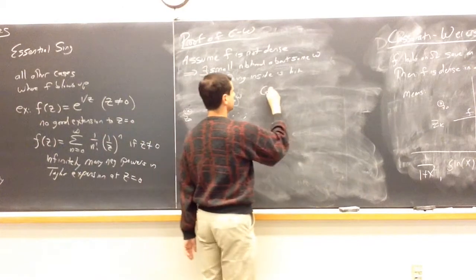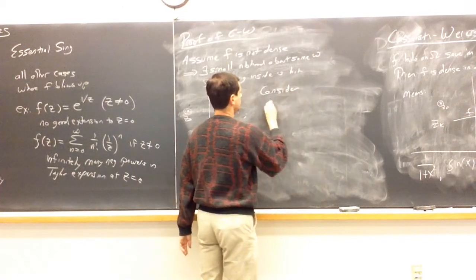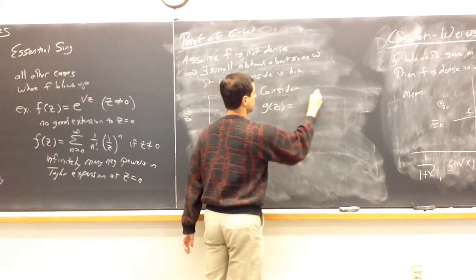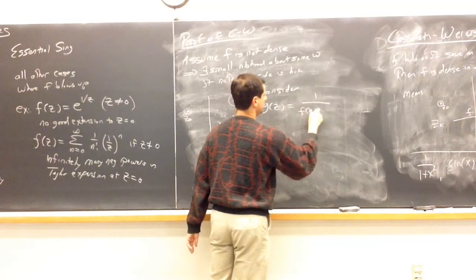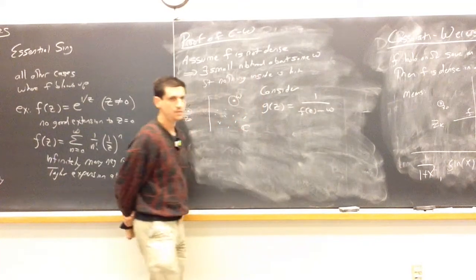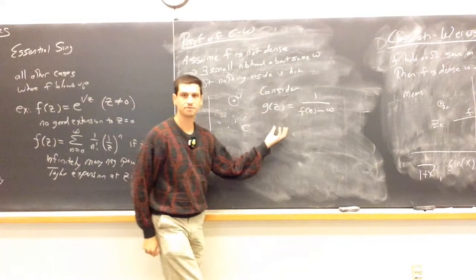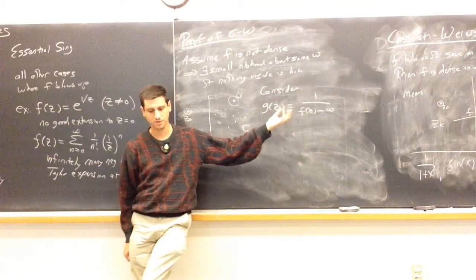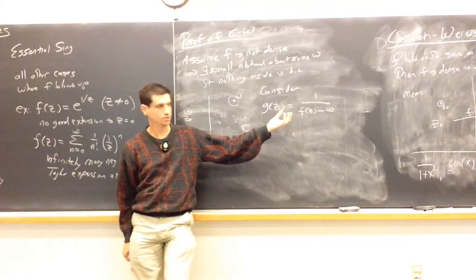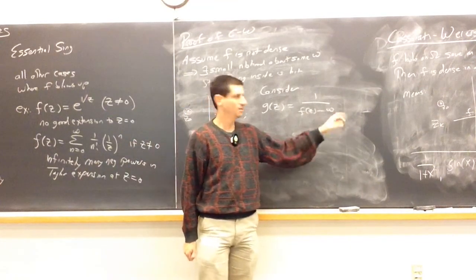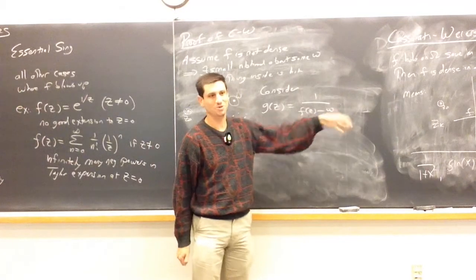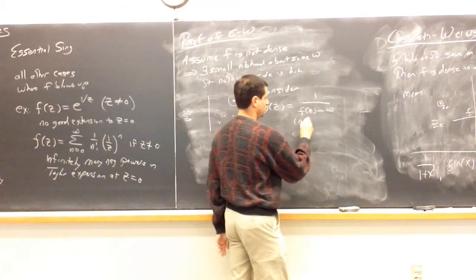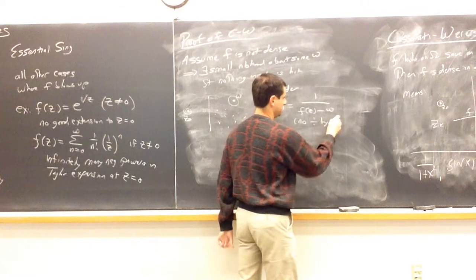So consider g of z equals 1 over f of z minus w. Is this well defined? Yes. f of z is never equal to w, so we never divide by 0.